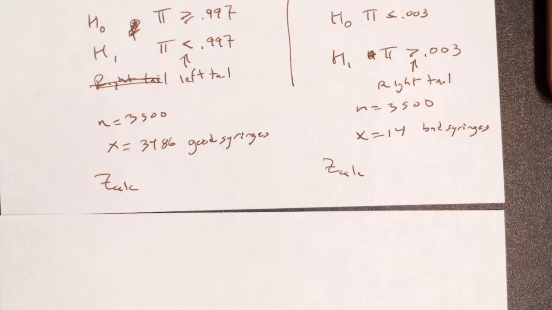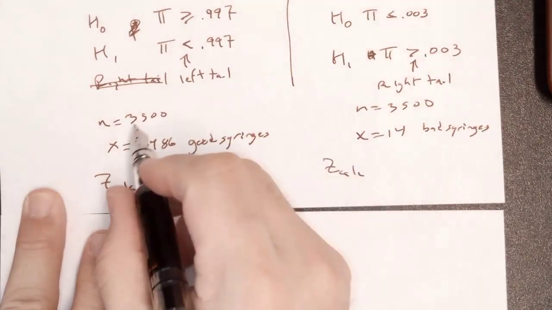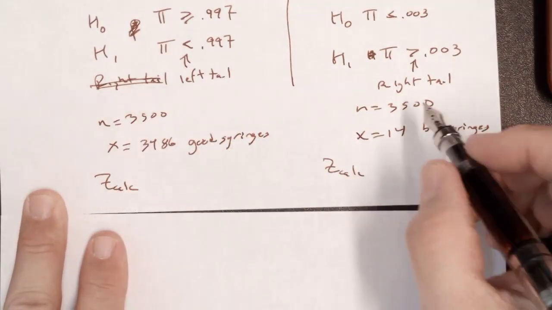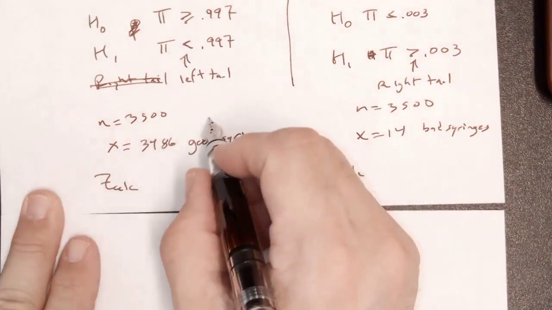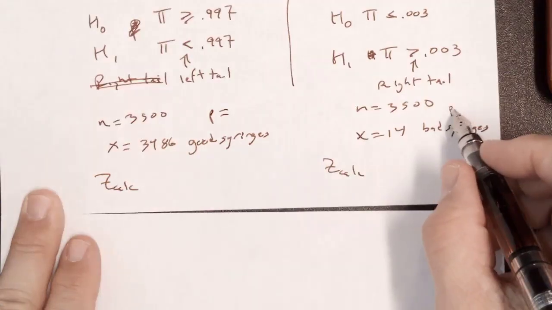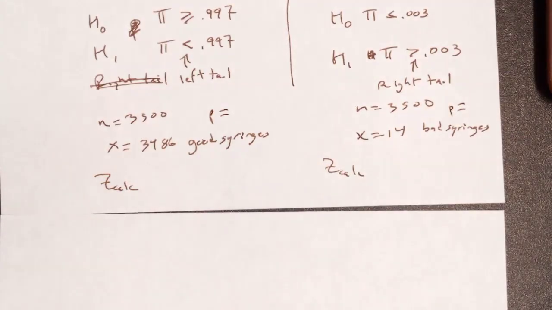It's the proportion from my sample. So p is either 3486 over 3,500 or it's 14 over 3,500. So here and here, I get different p values.